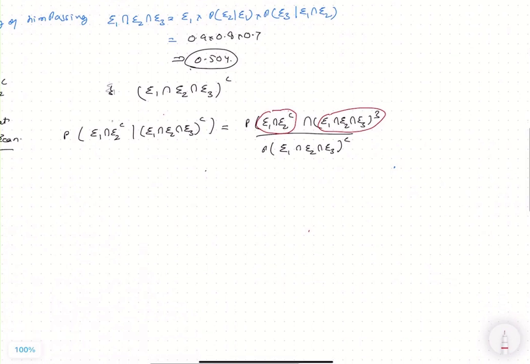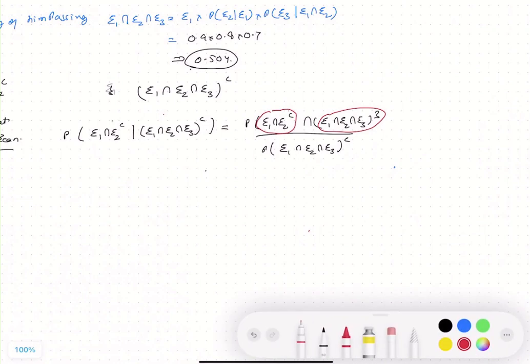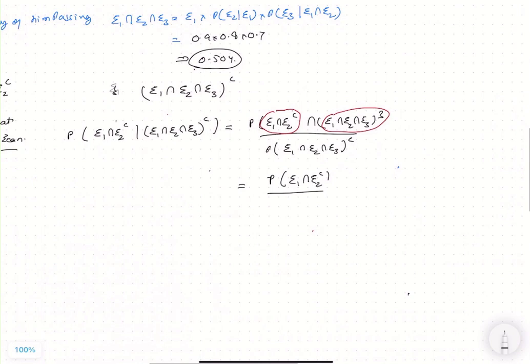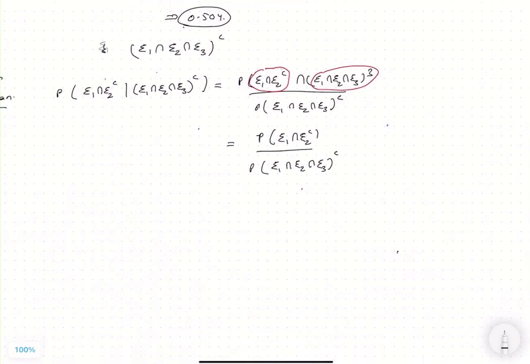This would be the minimum of them. So this will just be the probability of E1 and E2 complement divided by the probability of the complement of E1 and E2 and E3. So what is this going to be?